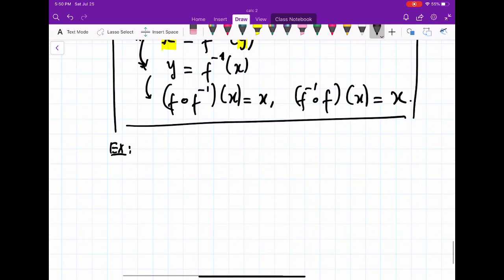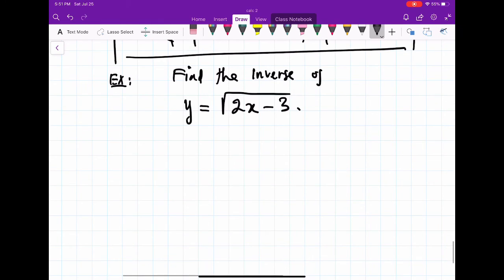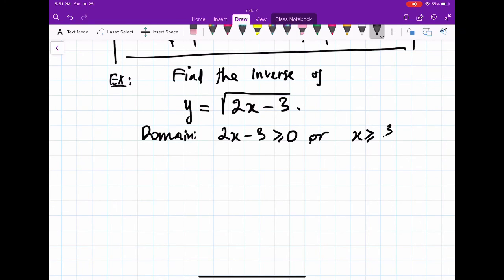Let's find the inverse of the following function: y equals square root of 2x minus 3. You can see that the domain of this function is all x such that 2x minus 3 is greater than or equal to 0, or x greater than or equal to 3 over 2.